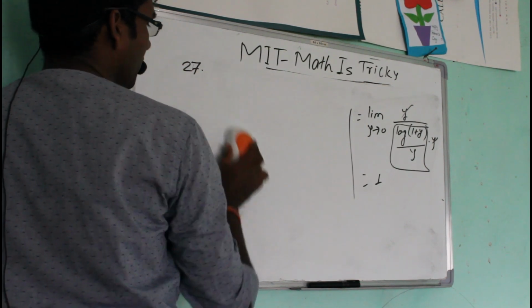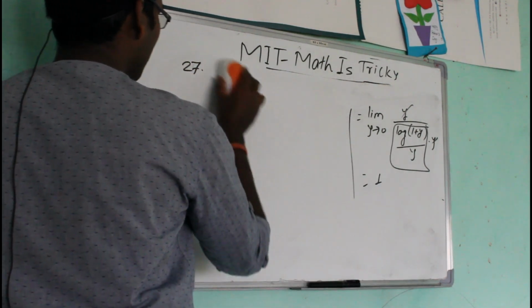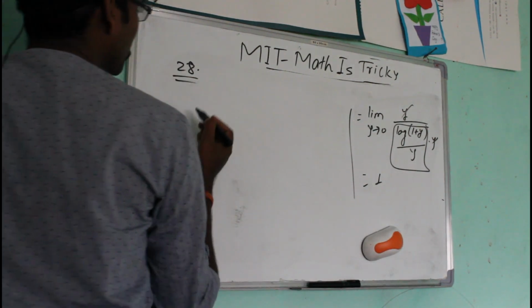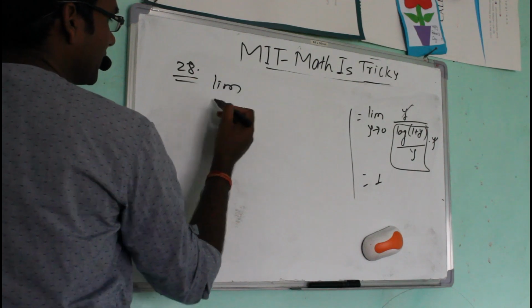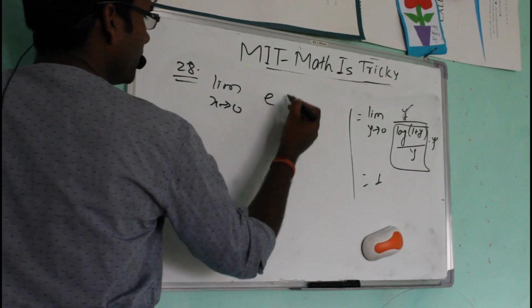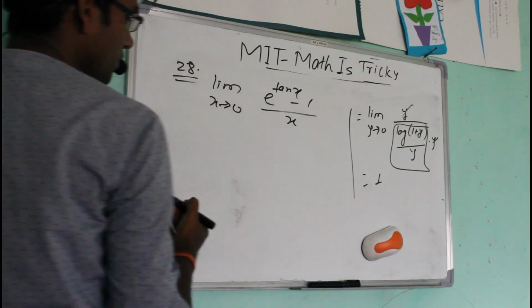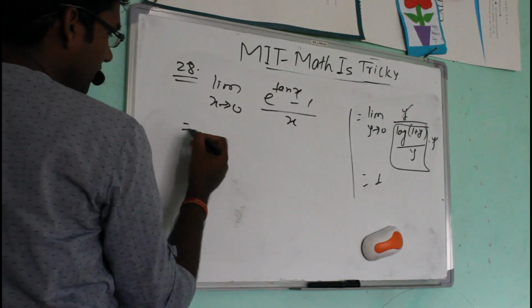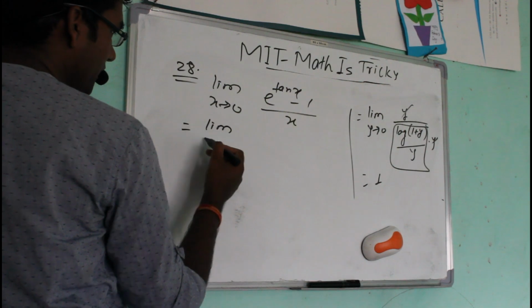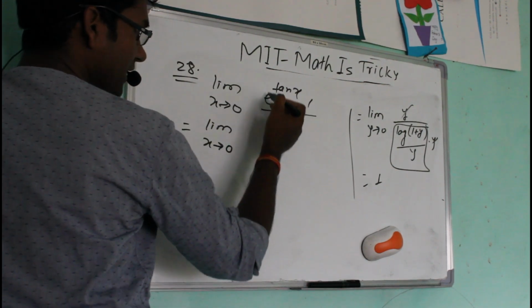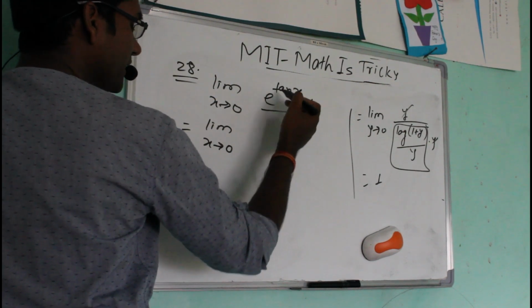Okay, let me solve another problem for you. Question number 28. The question is limit x tends to 0, (e power 10x minus 1) by x. So how will you solve it? I don't think it's difficult. Just use the concept that I have shared with you. Always, whatever is in the power of e, it should be in the denominator.